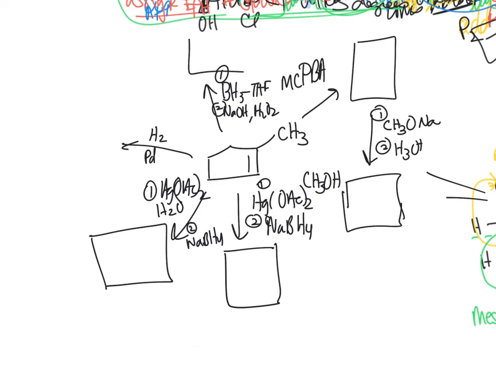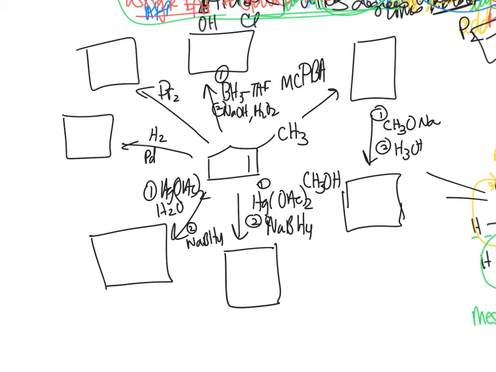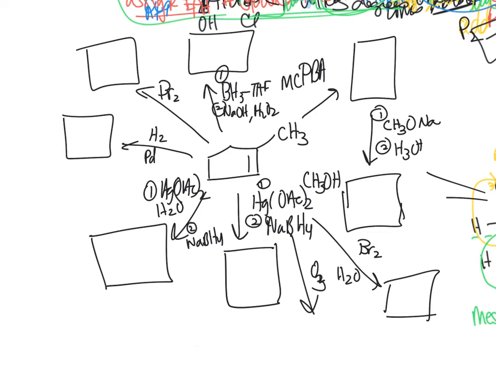And then do 2 more, Br2, and then Br2 in water. Oh, one more, ozone, O3, and then follow that up with DMS. Okay, so let's see, how many boxes do we have? 1, 2, 3, 4, 5, 6, 7, 8, 9.